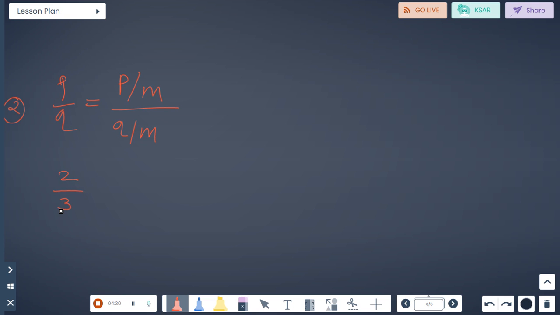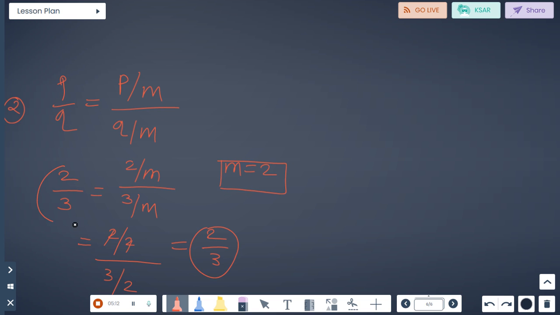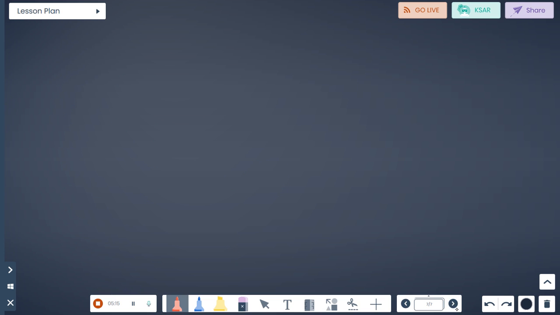For example, the ratio 2 upon 3, and if we take small m equal to 2, then this ratio can be written as 2 upon 2 divided by 3 upon 2, the 2s get cancelled, and this is again 2 upon 3. This is the second property of ratio.